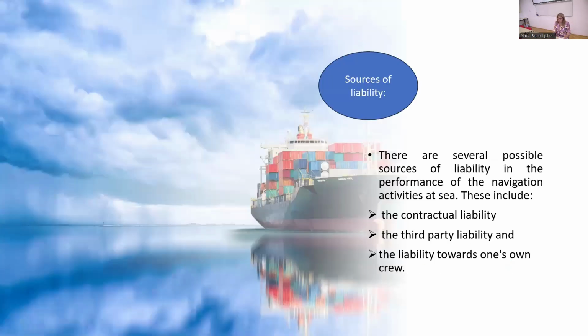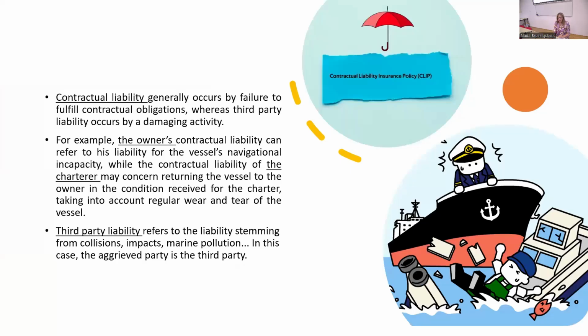Of course, there are several possible sources of liability, such as contractual liability, third-party liability, and liability towards one's own crew. For example, the owner's contractual liability can refer to his liability for the vessel's navigational incapacity, and the bareboat charterer's contractual liability may concern returning the vessel to the owner in the condition received for the charter, taking into account regular wear and tear of the vessel.